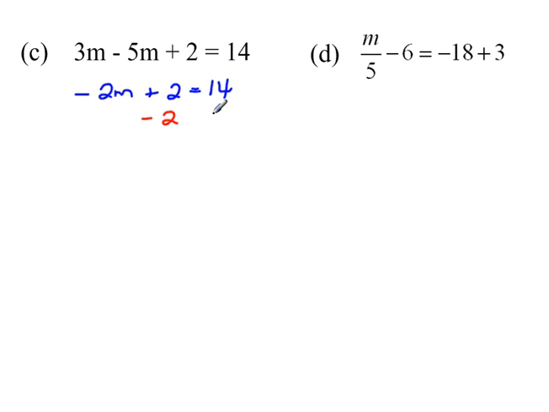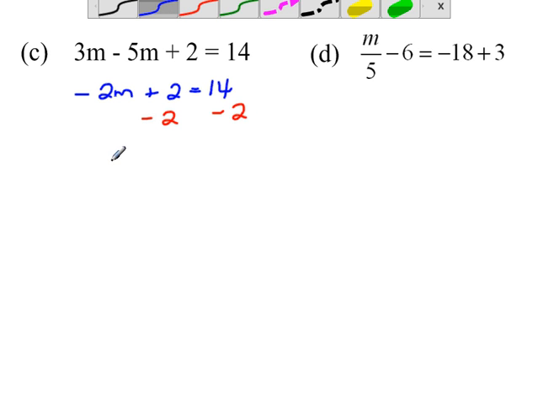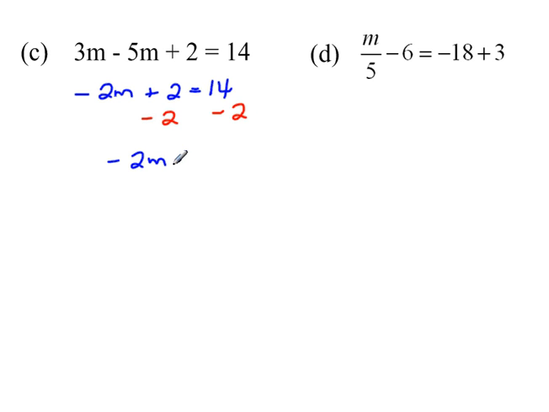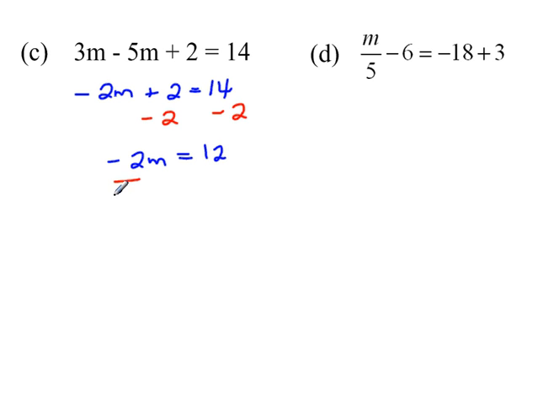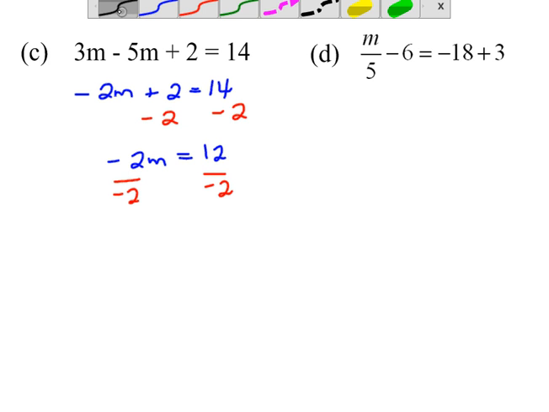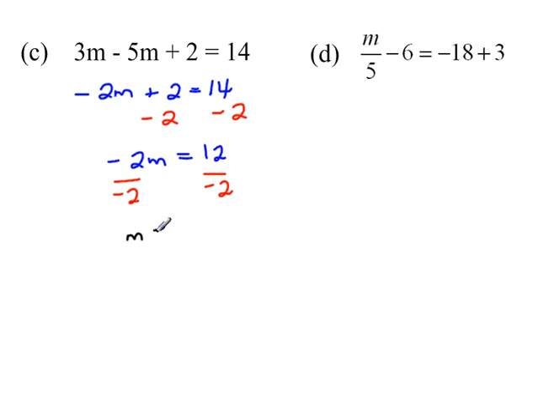If you do it from one side, you have to do it to the other side. And then again, you simplify. And then you divide both sides by -2. And you'll get your final answer of m equals -6.